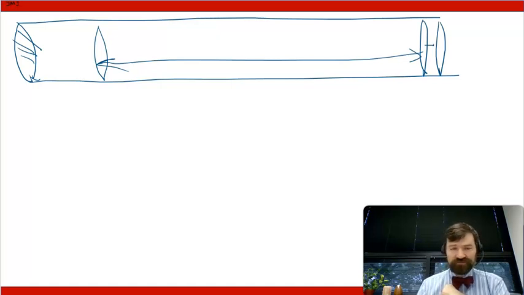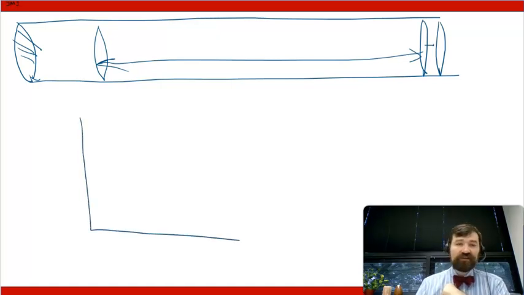And so one way of doing that is to draw essentially a process as a little chart with pressure on one axis and volume on the other axis. And the area under the curve that this process is undergoing gives us the work done.